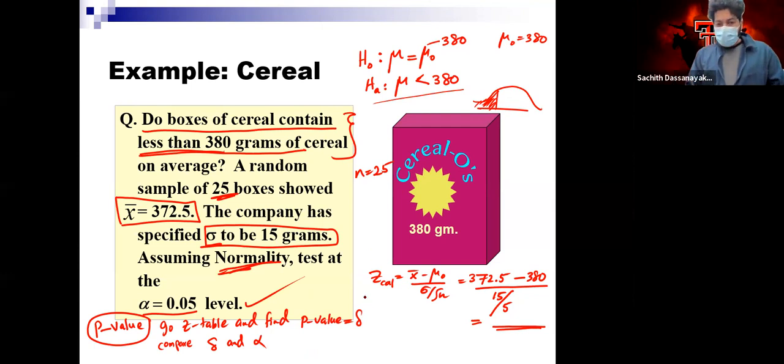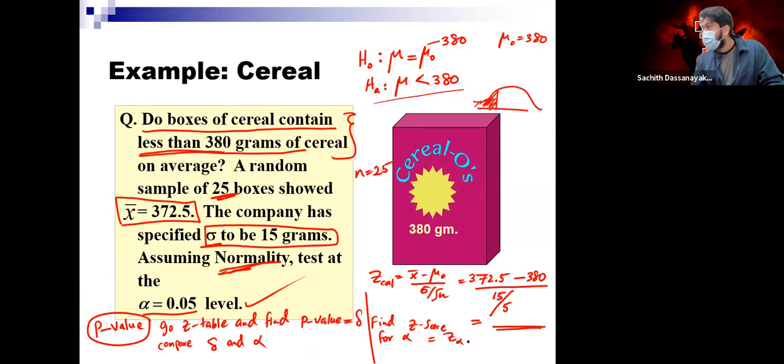The other way is to use your Z-cal as it is and convert this alpha to a Z value. Find the Z score for alpha, which we call Z alpha.